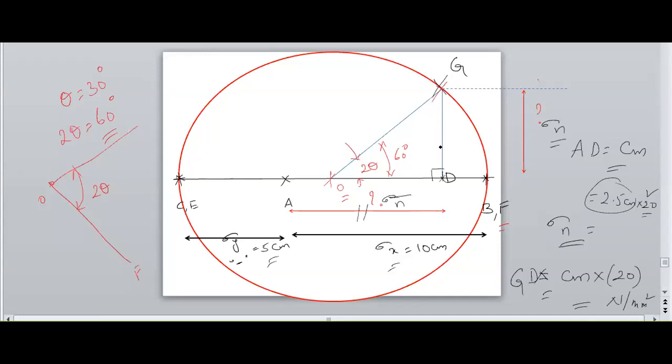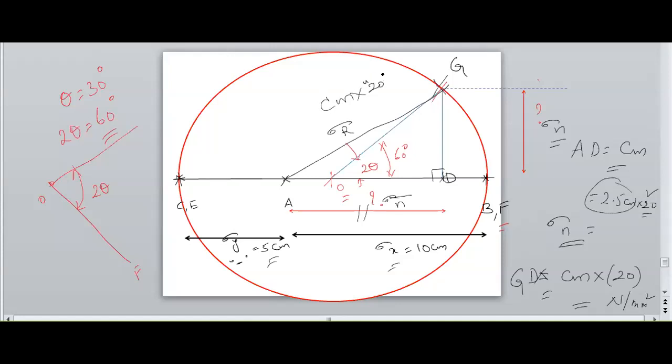If he needs the resultant, join A to G and measure it in centimeters and multiply with the proper scale.